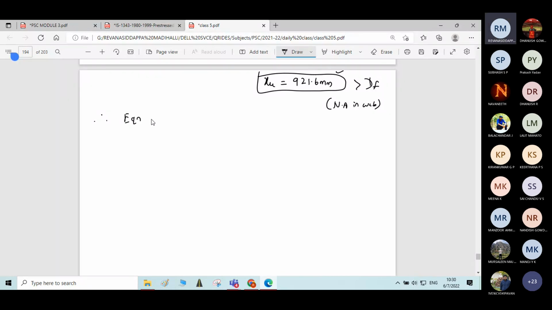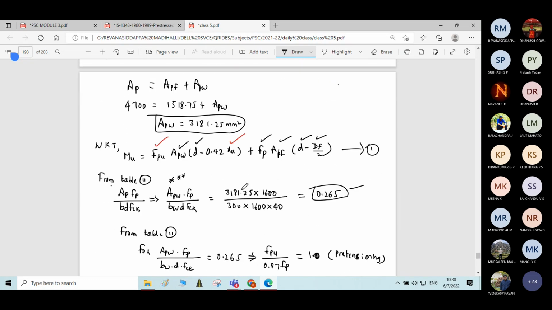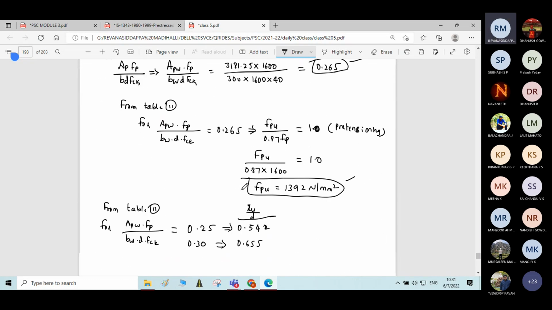Therefore, equation 1 becomes, if we substitute all the values, we get the ultimate moment of resistance. Mu is equal to FPU into APW.